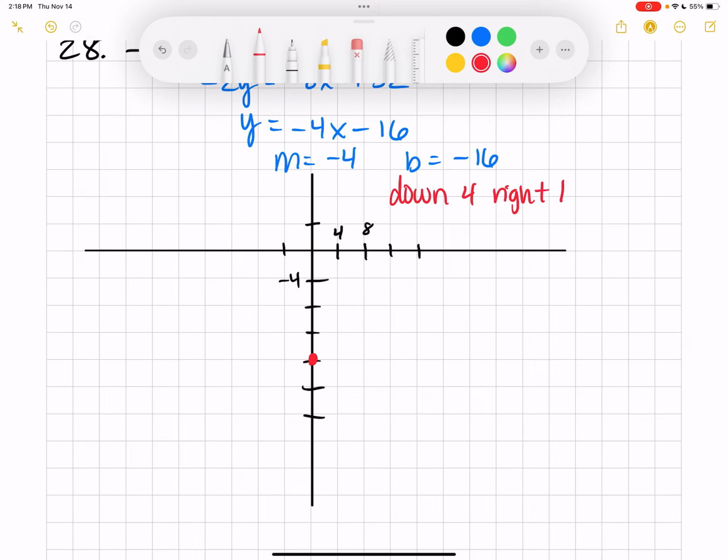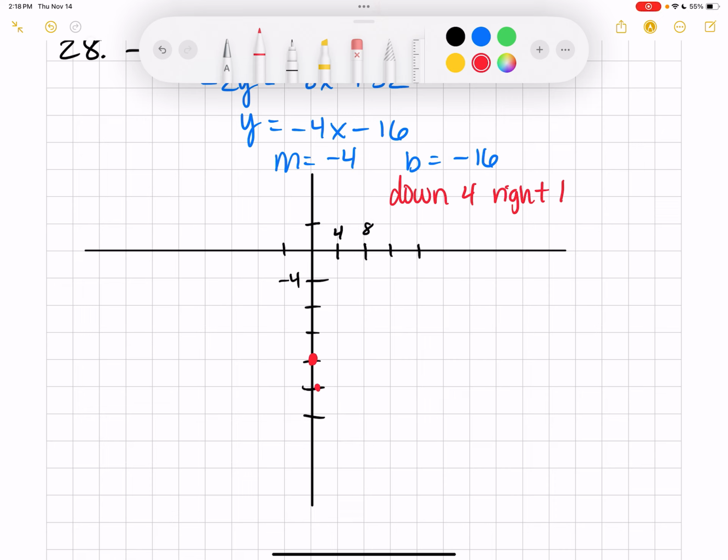Now, I counted by 4s on the x as well. So, when I go down 4, that's just one place because that puts me at 20, counting in increments of 4. But then I need to go a quarter of the way between here, because this is an increment of 4. So that means that I basically have a point right there.